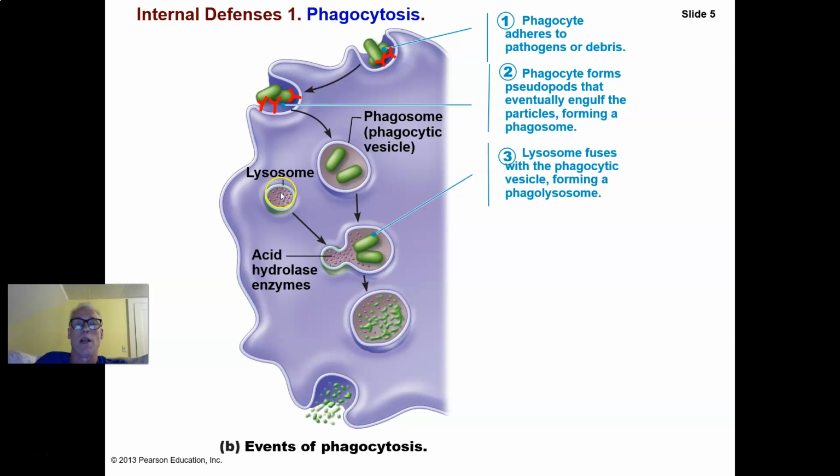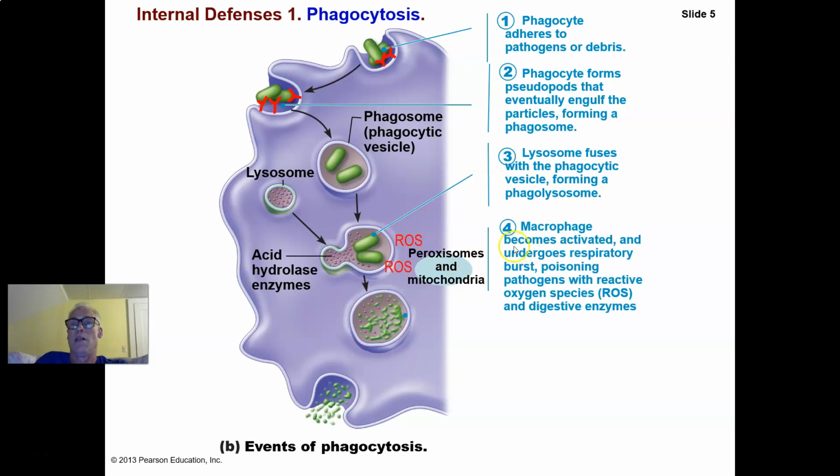Here's this lysosome, ready and waiting, full of digestive chemicals, and it starts breaking down those microorganisms. But just to make sure, the macrophage becomes activated and produces a lot of these nasty reactive oxygen species, chemicals that diffuse right in here and are so chemically reactive that they destroy everything in sight and kill those bacteria.